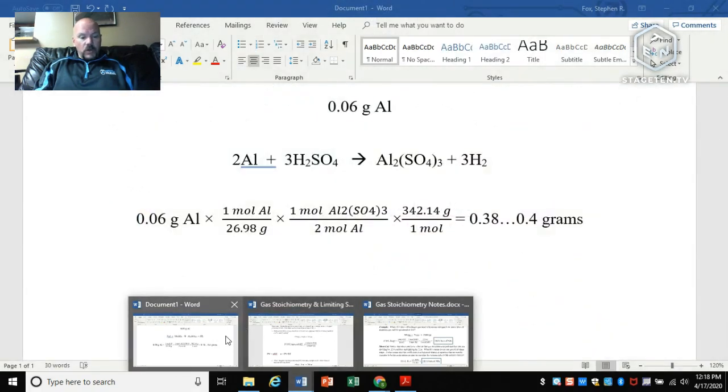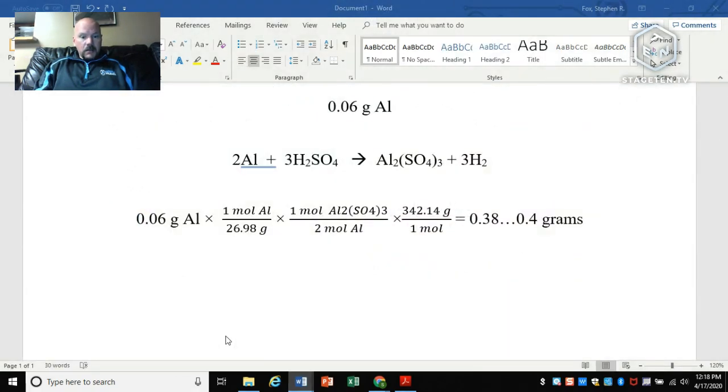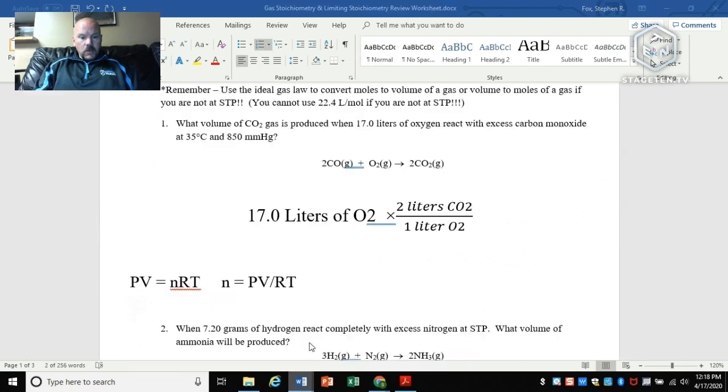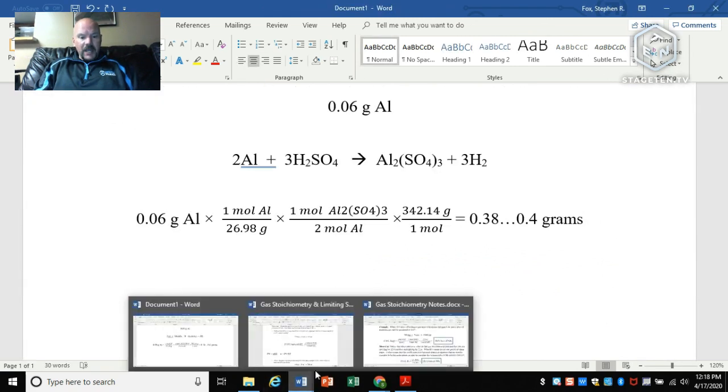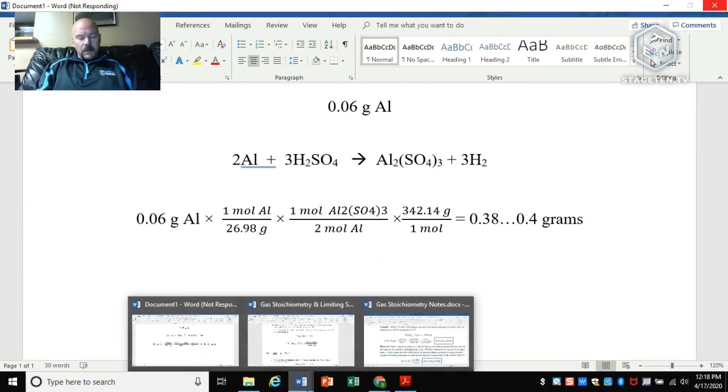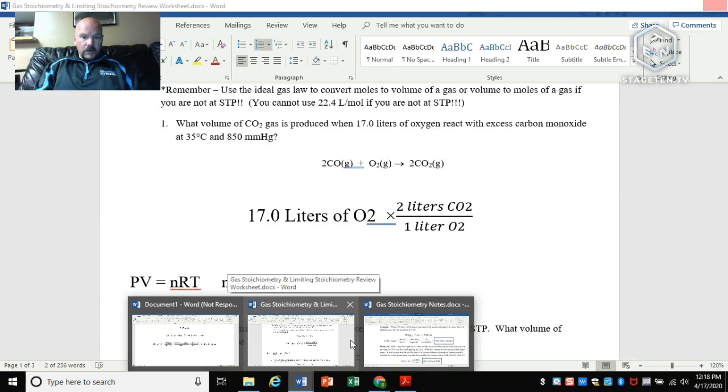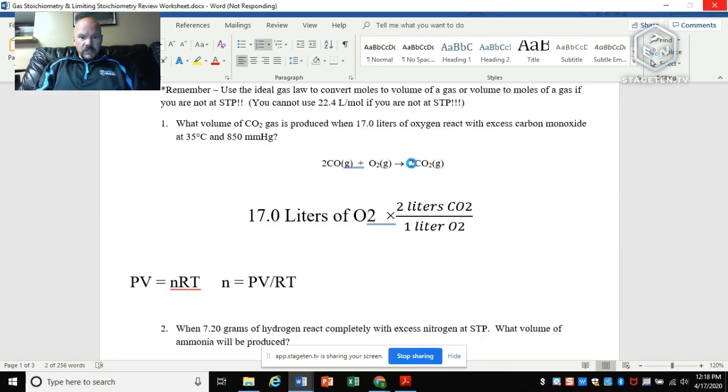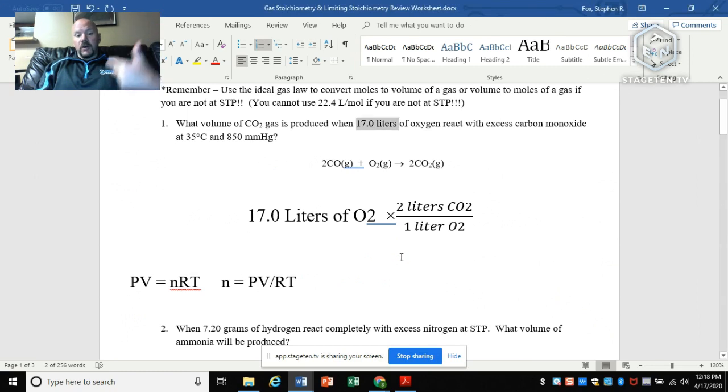Once you solve for n, you would multiply by the mole ratio in the worksheet, which was 2 to 1, and that would give you moles of CO2. And then once you had moles of CO2, how would you get volume of CO2? You would plug those moles of CO2 into the ideal gas law and solve for volume.